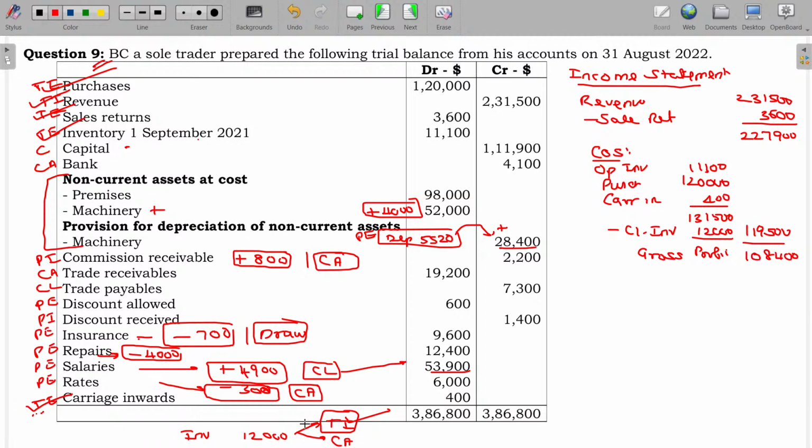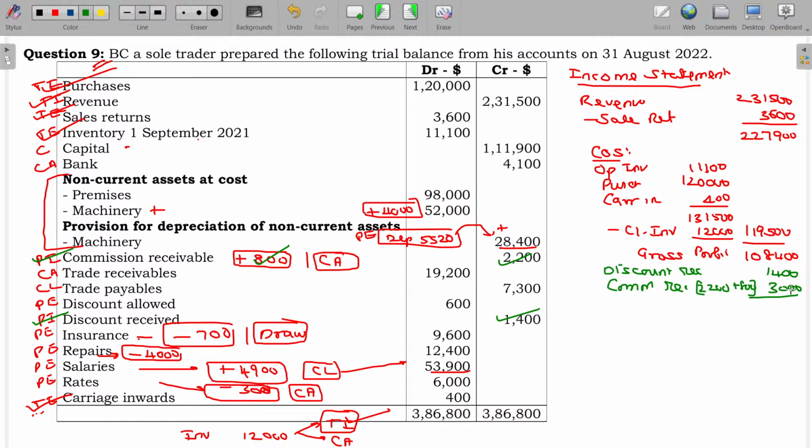We will now proceed to the P&L section. In the P&L section, first you start with the gross profit. In overall value you have, then any other income. So here is also one more income, commission receivable. In case of commission receivable, you have to add 800 to this 2,200. Then the value being 3,000.